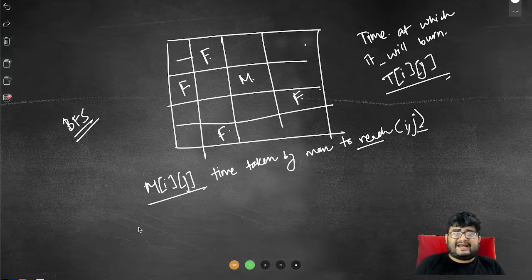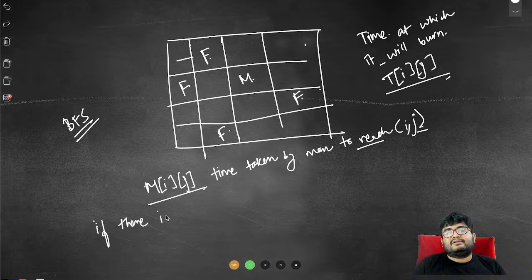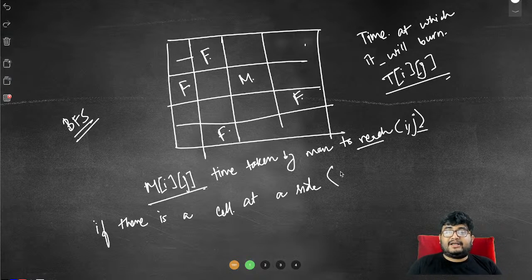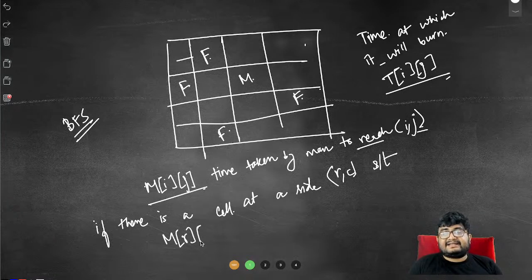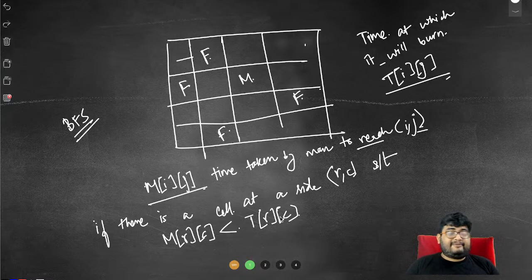The task is to find if there is a cell at one of the four sides. Let's call it RC, such that MRC, the time taken by the man to reach RC, is less than TRC, the time taken by the fire to reach RC. In that case, the man will be saved, right?